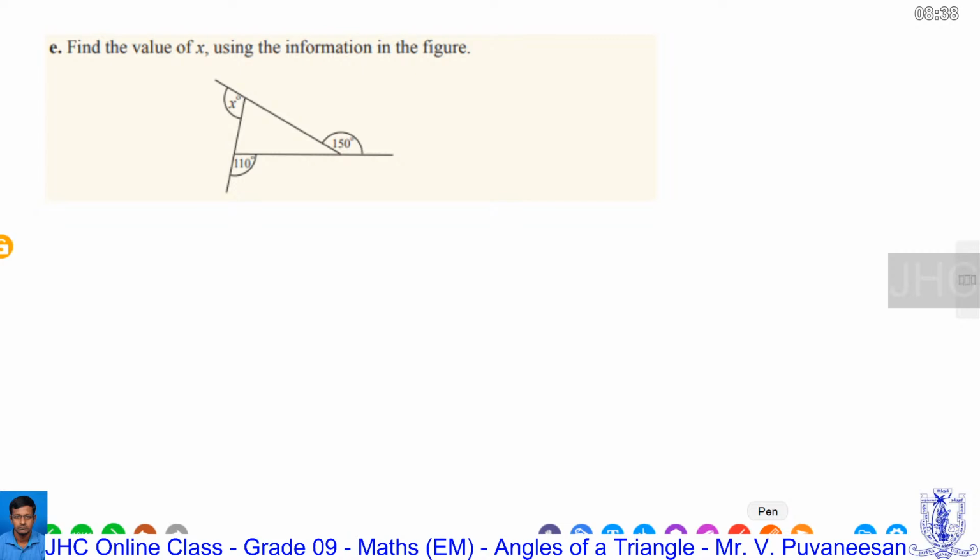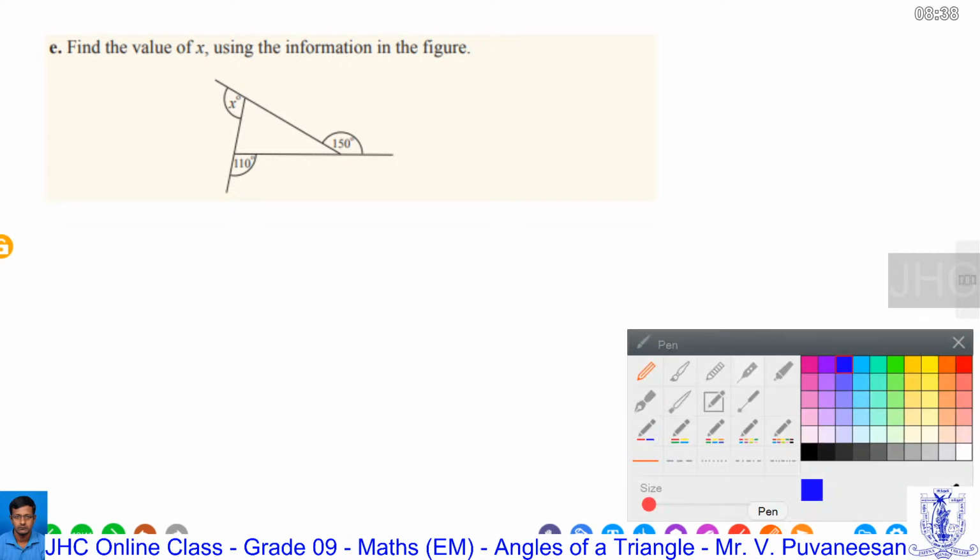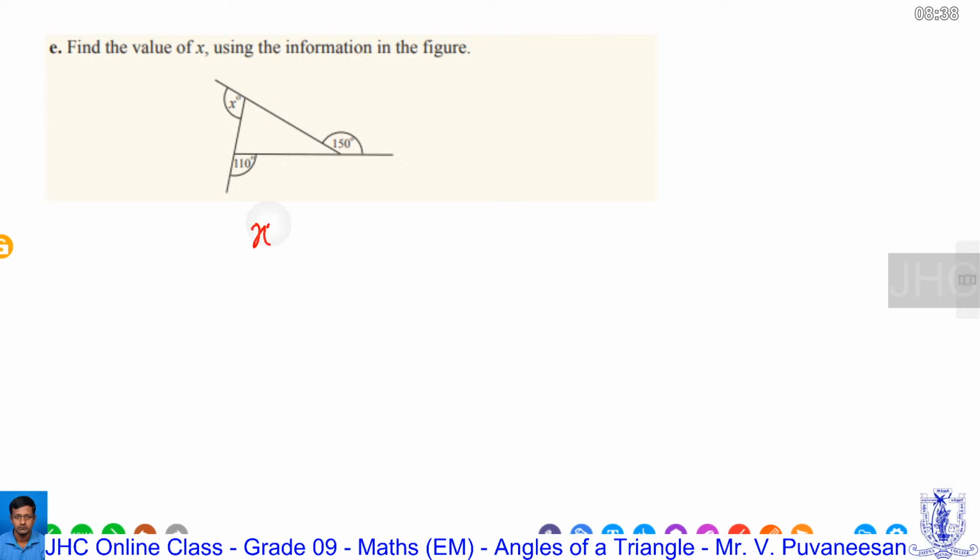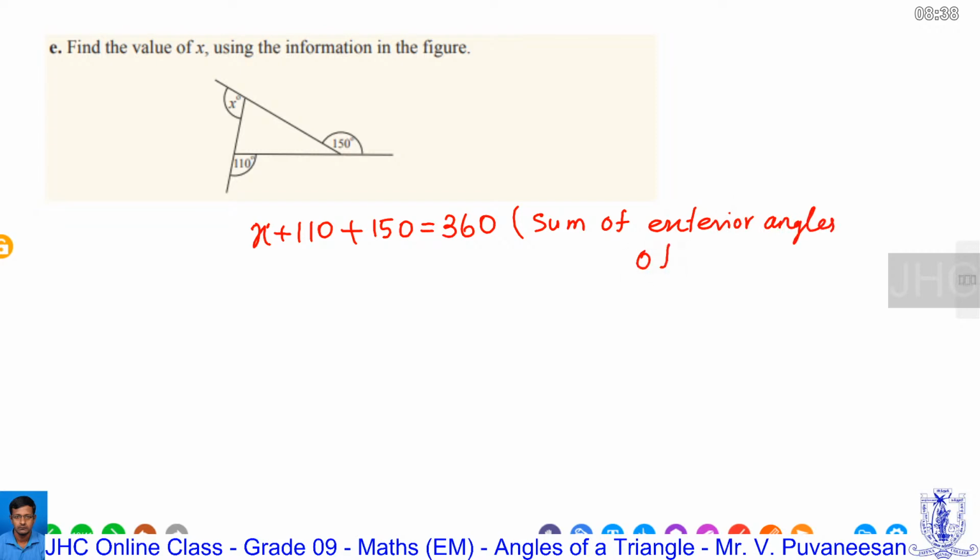So we can write x plus 110 plus 150 equals 360. Reason? Sum of exterior angles of a triangle. Okay.